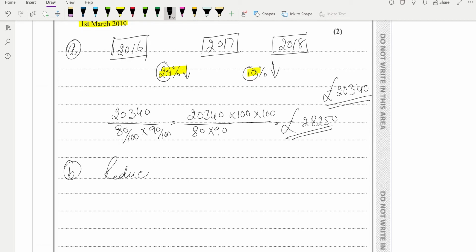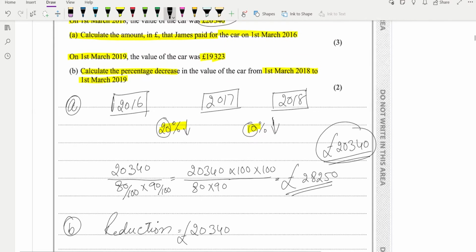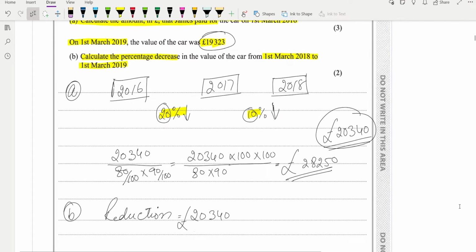So reduction or depreciation will be equal to this amount, this was the amount in pounds, 20,340, and the reduced amount is 19,323.